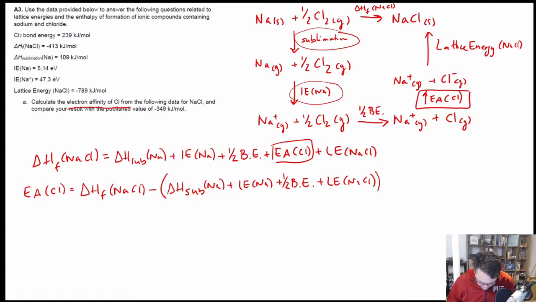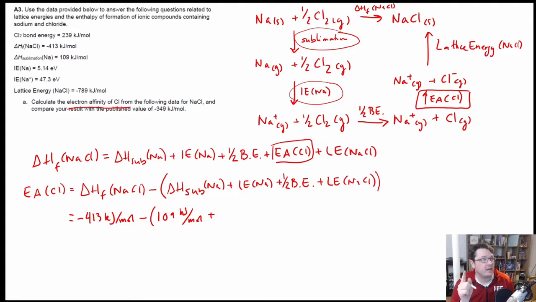So if we go through with all of this and plug in all the numbers, the delta H of formation is negative 413 kilojoules per mole, minus the delta H of sublimation, which is 109 kilojoules per mole, plus the ionization energy of sodium, which is 5.14 electron volts.